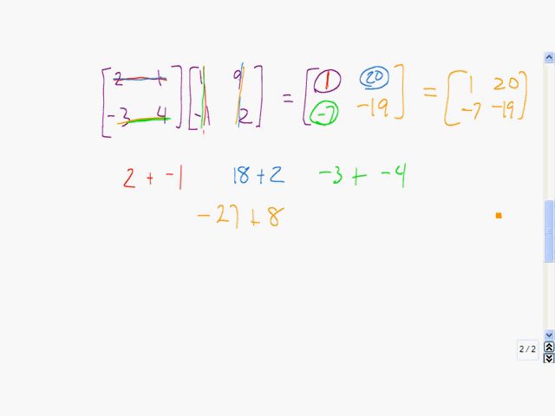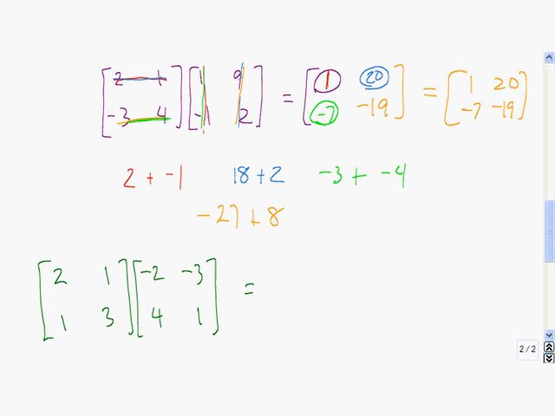Just to recap, to get the entries of the first row of the product, I used the first row of the first matrix and then each column of the second matrix. To get the second row, I used the second row of the first matrix and then each column of the second matrix. Let me give you one to try.